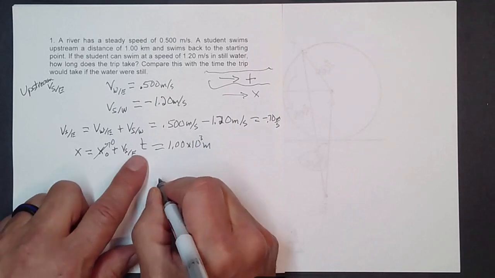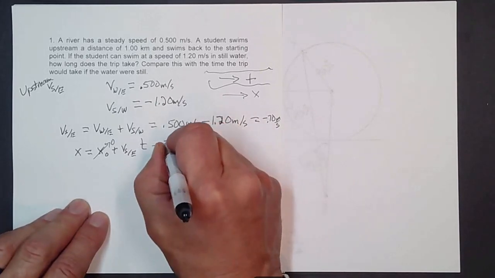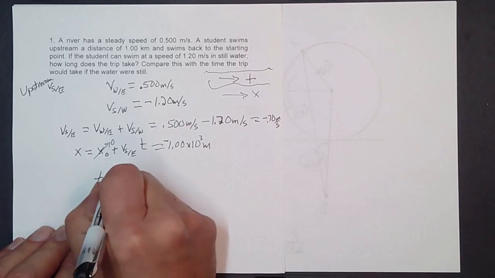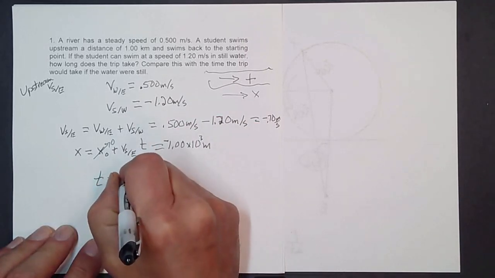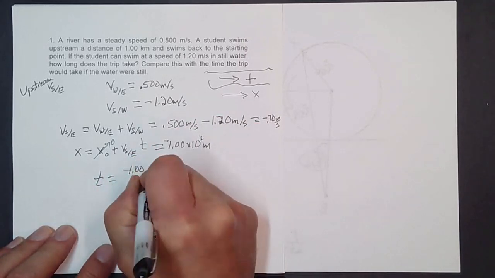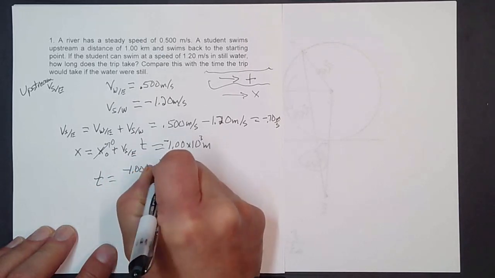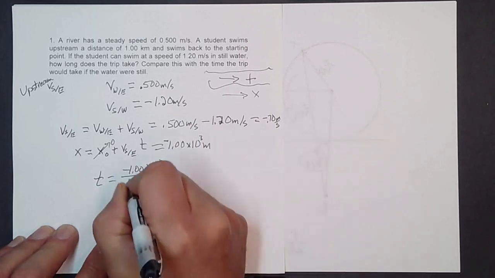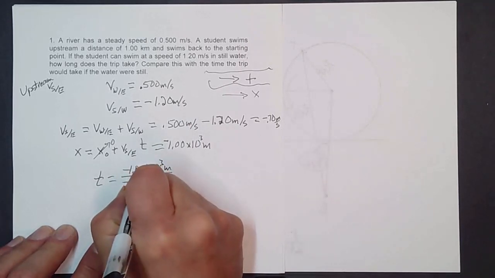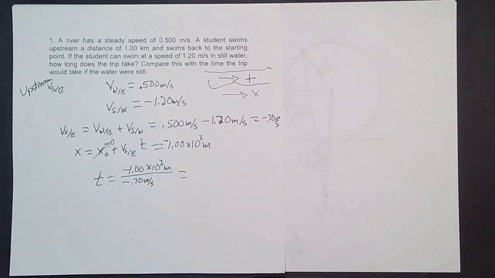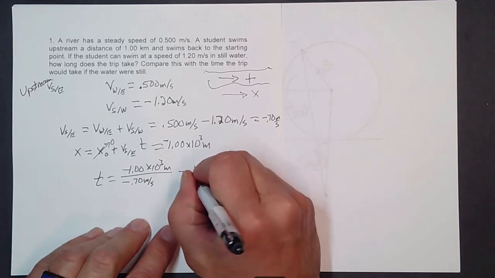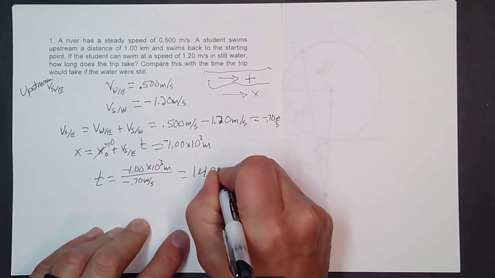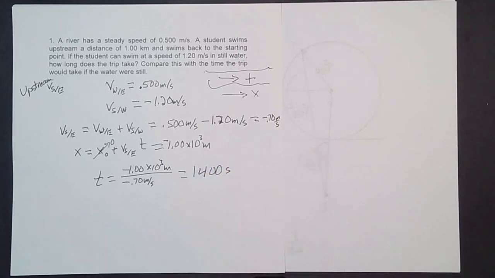So the time, actually this will be negative because it's upstream, and so the time is going to take minus 1.00 times 10 to the third meters divided by that minus 0.70 meters per second. On the way up, we only have two significant figures, 1,400 seconds for the upstream part.